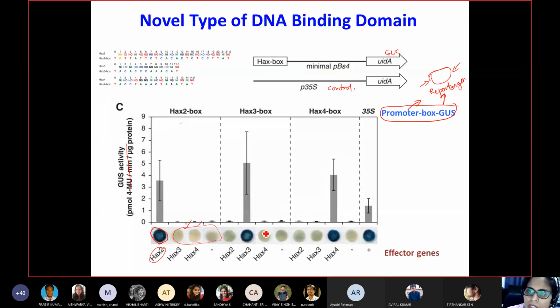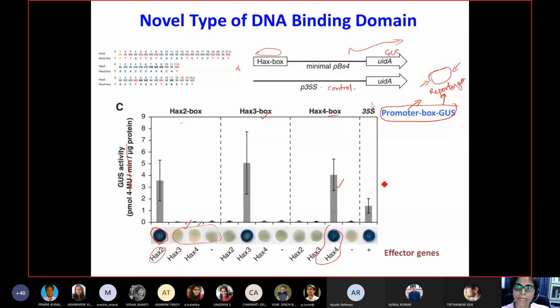Similarly, hex3 only gave signals for the hex3 promoter region, and hex4 was elicited only in the case of the hex4 promoter. So there was a corresponding effector binding to the promoter, and only then you have expression of the GUS gene. This is also positive for 35S, where it is infected in this case.